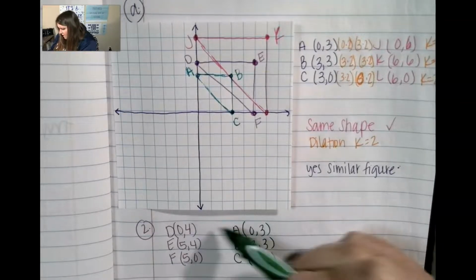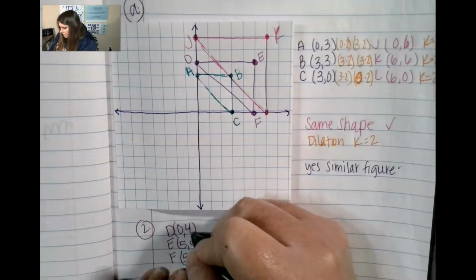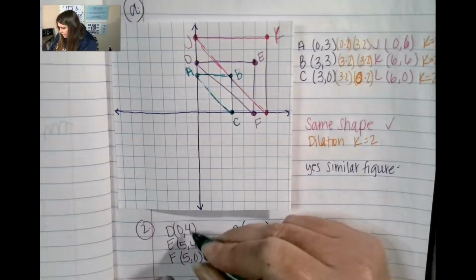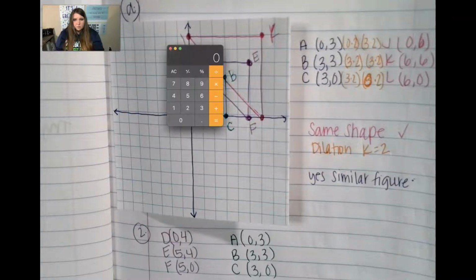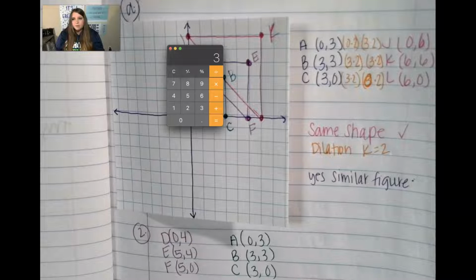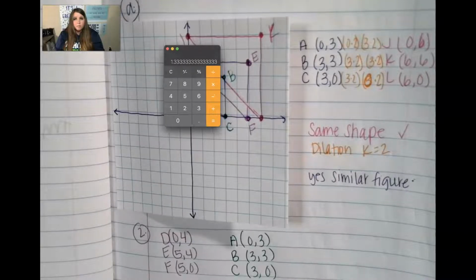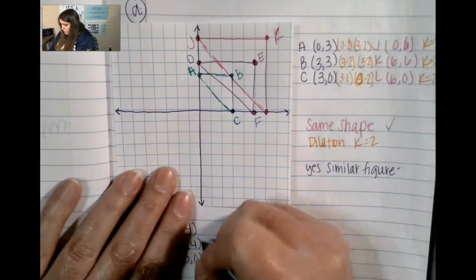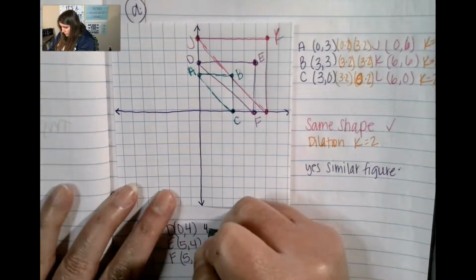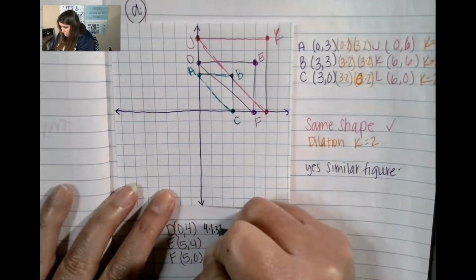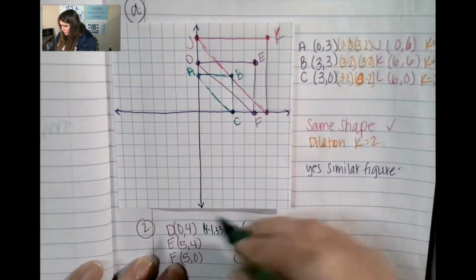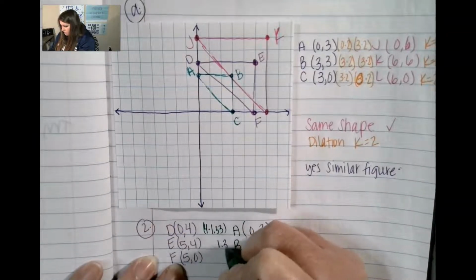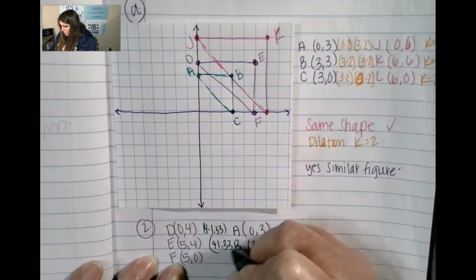In fact, it's like a reduction there. So it goes from 4 to 3. And we can pull out our calculator and see what it is. So 4 divided by 3, and that gives us a change of 1.33. So 4 times 1.33. Okay, and then 5 to 4, so we know that's 1.33 on the 4.